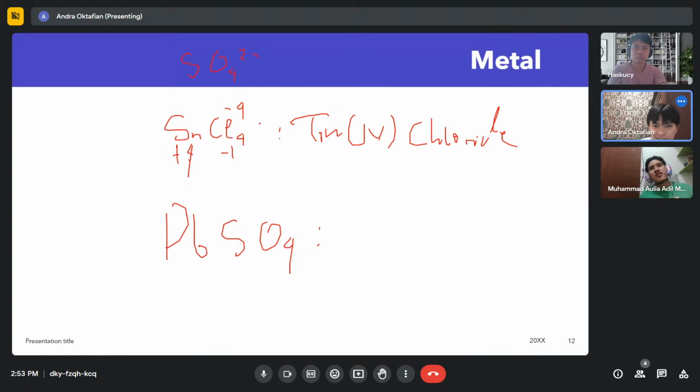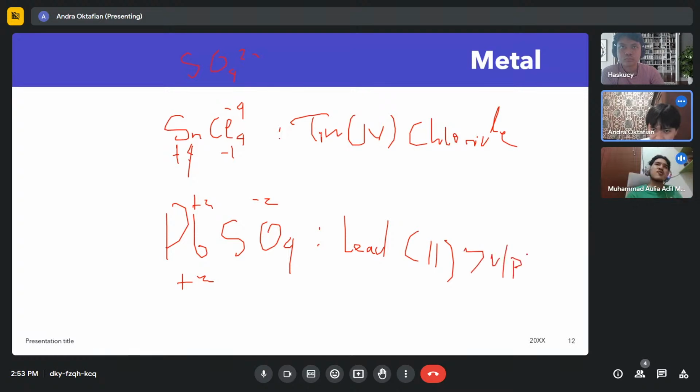So plumbum should be plus two, right? As SO4 is already an ion, it would be minus 2, and plus 2 here for plumbum, so plumbum would be plus 2 for the oxidation state. So the name is lead(II) sulfate.